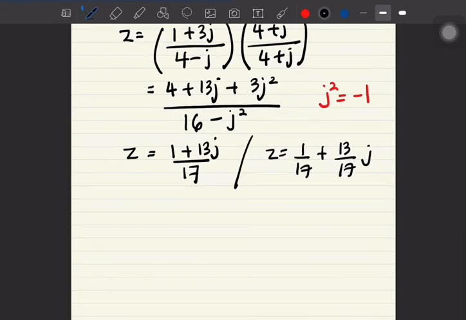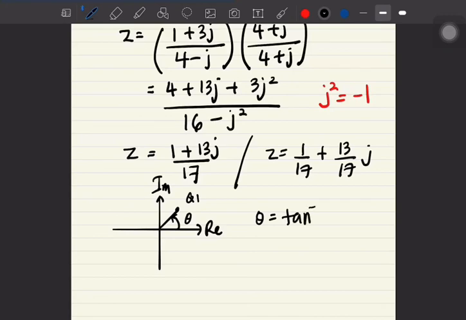When you plot the dot on the Argand diagram, the complex number lies on the first quadrant. Why? Because you have the positive real and the positive imaginary parts. So this is your z, and this is your theta.